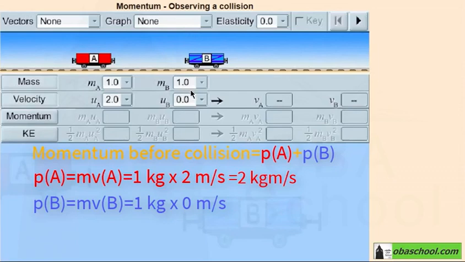The momentum of truck B equals the mass of truck B multiplied by the velocity of truck B, which is 1 times 0 equals 0. So the total momentum before collision is 2 plus 0, which is 2 kilogram meters per second.